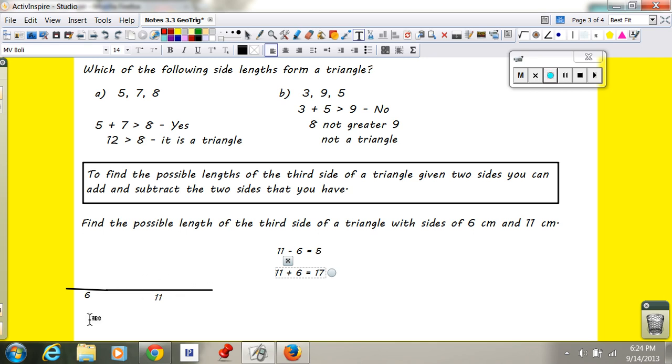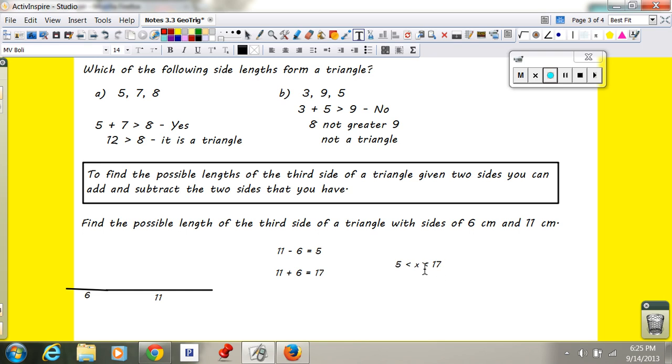Because remember, 6 and 5 has to be more than 11. So my third side has to be somewhere between 5 and 17. It has to be greater than 5, because otherwise they won't reach, they won't touch. The 6 and the 5 won't touch to the 11.